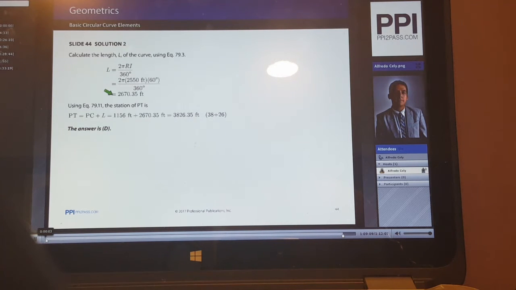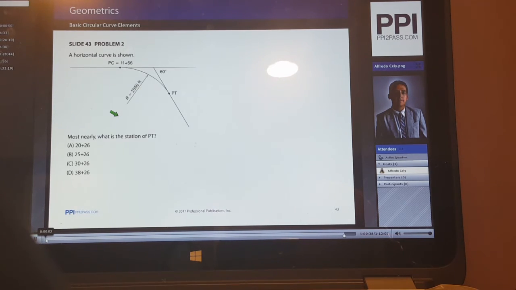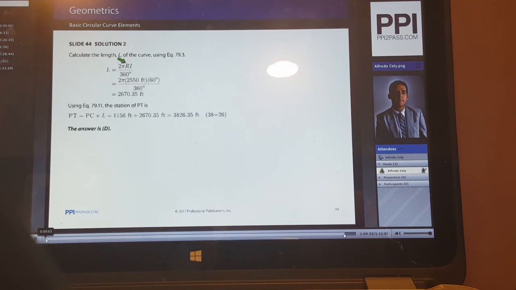So the length of the curve is 2670.35 feet. Now, to find my point of tangency, I need to add this to my PC. And the best way to convert station into feet is to simply get rid of the plus sign from the middle, and then you get feet.